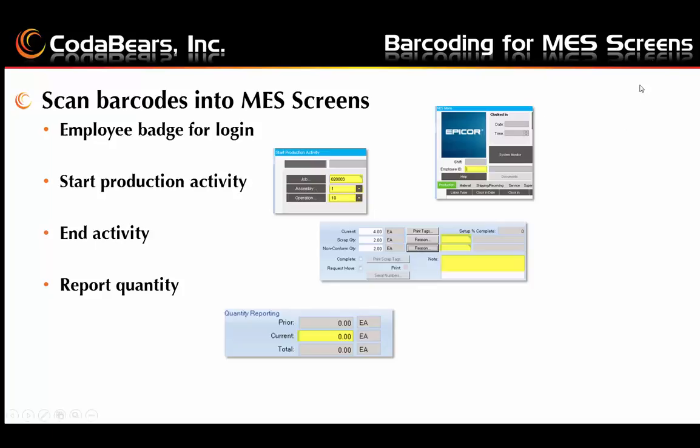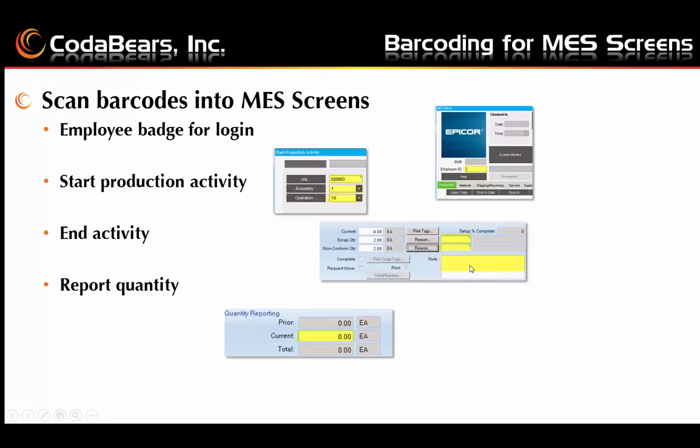In the end activities screen here, we show that some of the areas you could consider for barcoding are your reason codes and your notes. If you have what we call a cheat sheet that lists all of your reason codes on it, then they could scan a barcode to pick which reason code is needed in that field for their scrap quantity or non-conforming quantity.